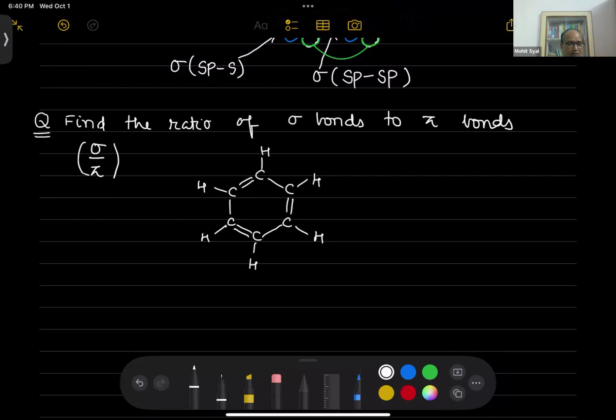Just try to recall, quickly recap, what is going to be the name of this. Yes, benzene. Absolutely correct. This is benzene. And Nabila, what is the formula?